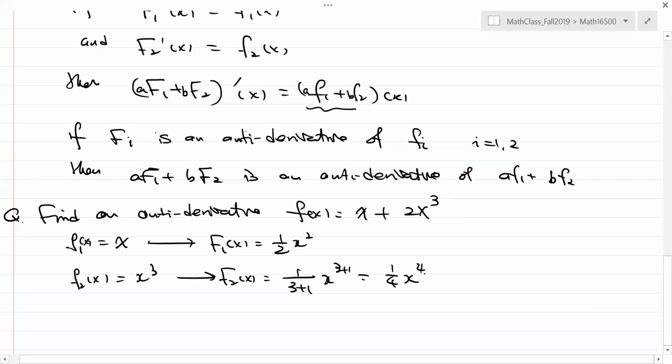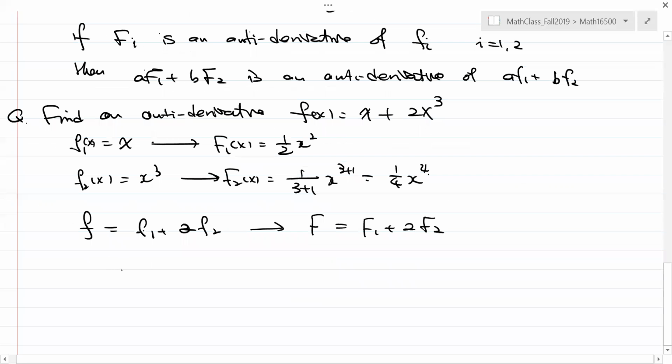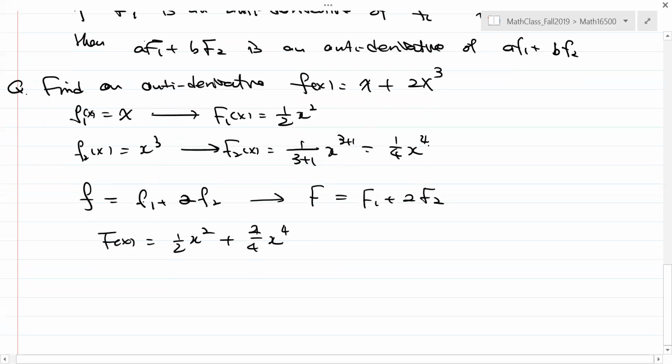So in order to find the antiderivative, f is going to be f1 plus 2 f2. The antiderivative of this f uses the same combination. So capital F of x is the first one plus twice the second one. So this is the antiderivative of the function.